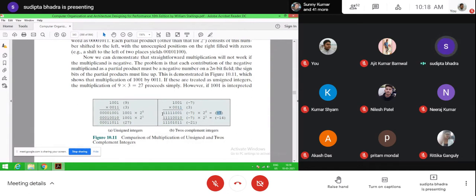So the sign part is maintained here. Negative number, the partial product will also be a negative number. Positive number, partial product will also be positive. So in 2's complement multiplication, what does the Booth algorithm do? The Booth algorithm maintains the particular sign.